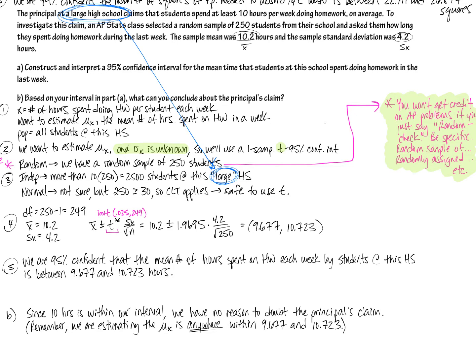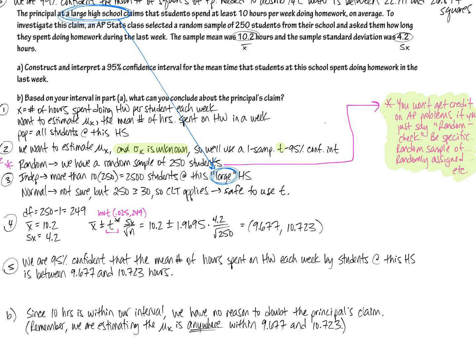We have another means problem, so we're doing an estimation of a mean, and in this case we're doing a confidence interval since we're trying to estimate something. A principal at a large high school claims that students spend at least 10 hours a week doing homework on average. To investigate the claim, AP Stats students take a random sample of 250 students at the school: how long do you spend doing homework every week?